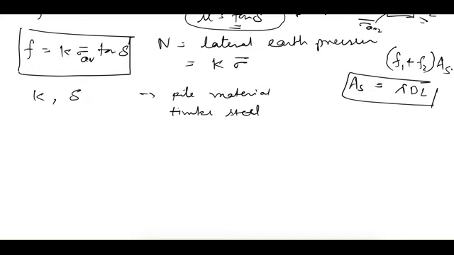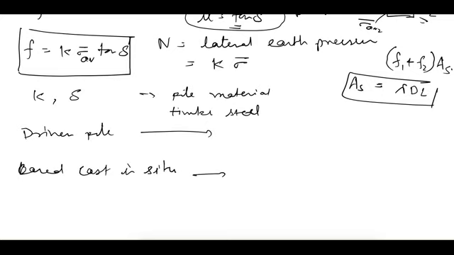Apart from that, one more thing on which these two factors depend is the type of pile, whether it is a driven pile or a bored cast in situ pile. So in case of a driven pile, if the sand is in loose condition, the soil or the sand densifies, and because of this densification the phi will increase and the value of K will also increase.